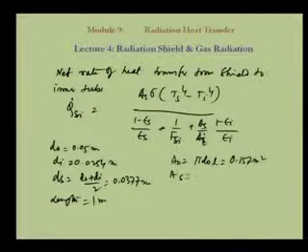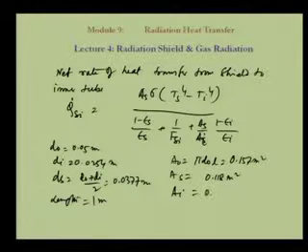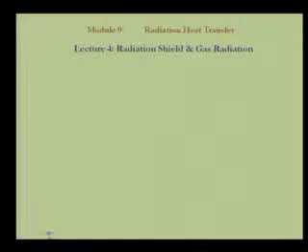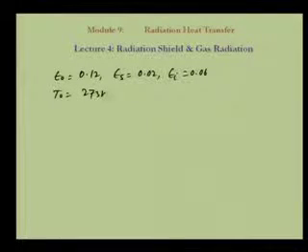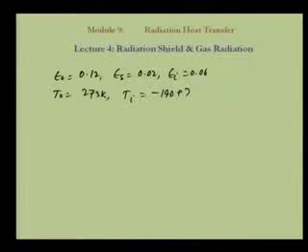Similarly, AS will be equal to pi D L, again 0.118 meter square, and AI will be equal to 0.0798 meter square. Then given is epsilon O is equal to 0.12, epsilon S is equal to 0.02, and epsilon I is equal to 0.06, and T naught is equal to 273 Kelvin, and TI is equal to minus 190 plus 273, which is 83 Kelvin.